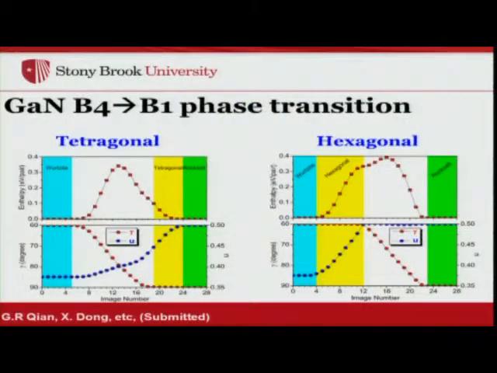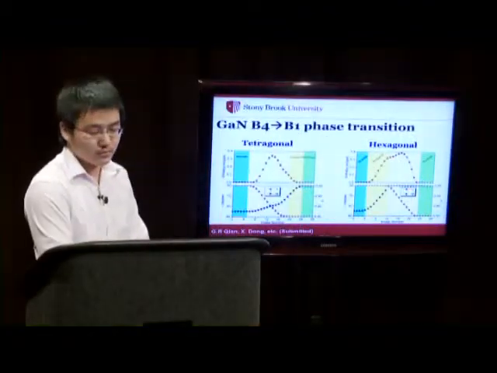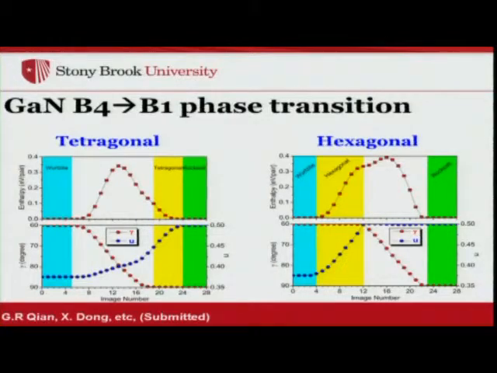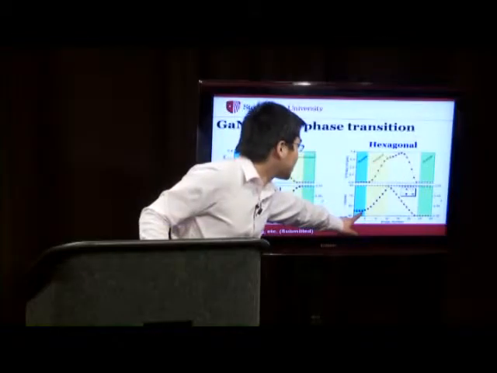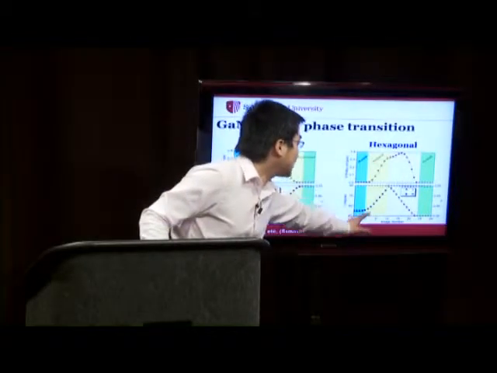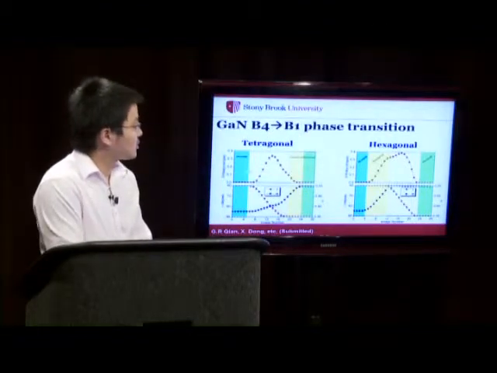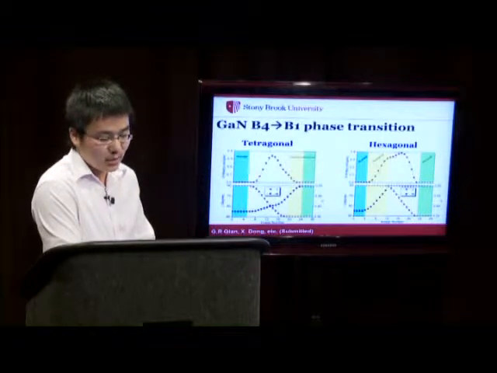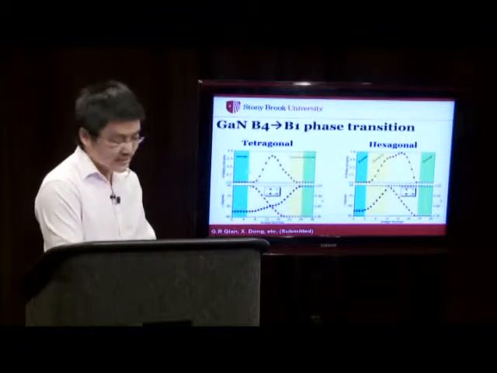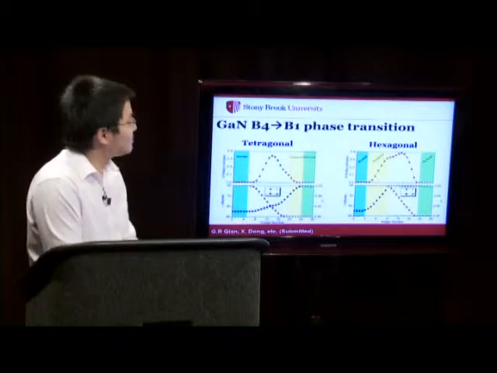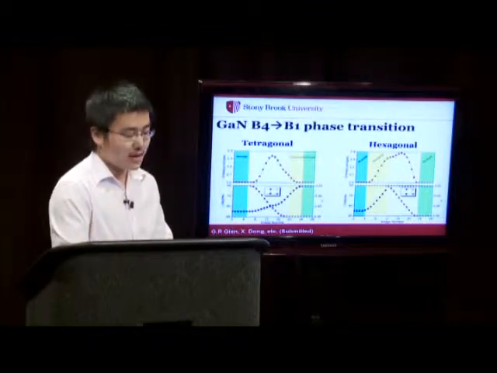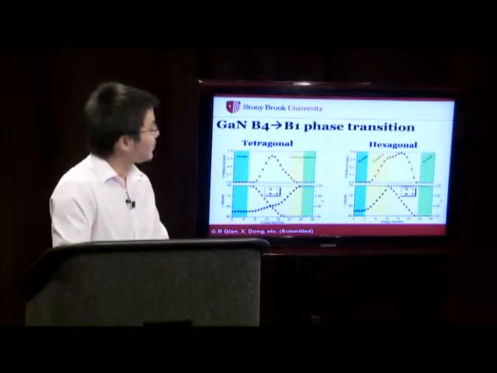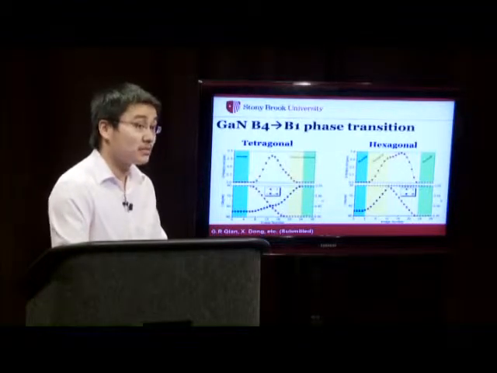It's about 0.4 eV per pair. We can see that first, the fractional coordinate parameter will change, and then we will have a deformation of the cell. So from this result, we can say that from transition state theory, the tetragonal phase transition pathway would be much preferred.